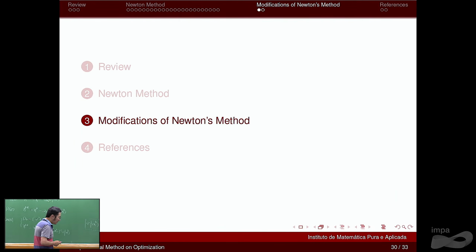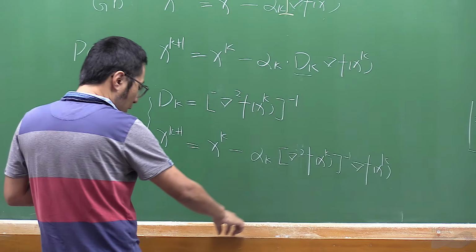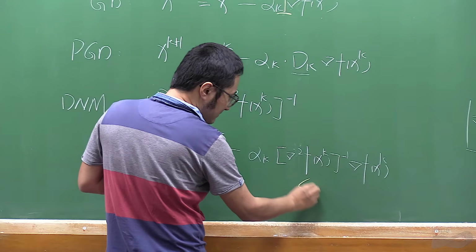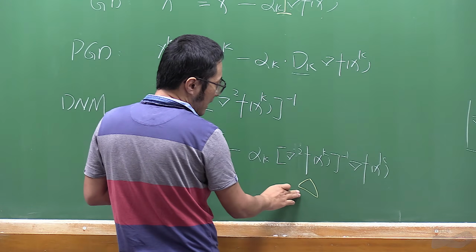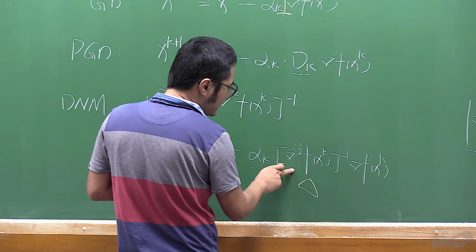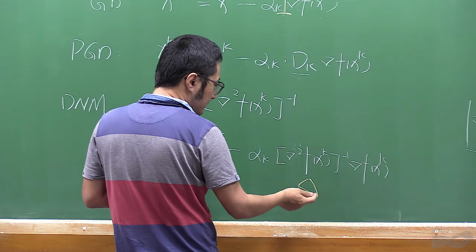Actually, beyond the pure Newton or damped Newton method, we have some modifications. The motivation for modifications is that the Newton method has some very obvious drawbacks. First, if you use your Newton method here, one of the problems is this may not be defined, which means your Hessian may not be invertible.